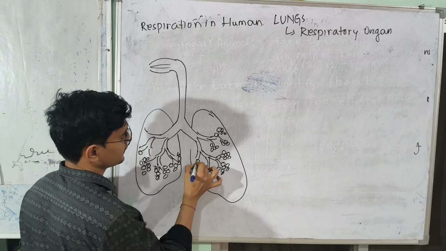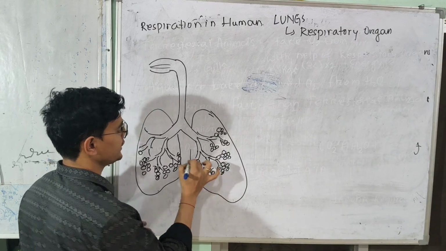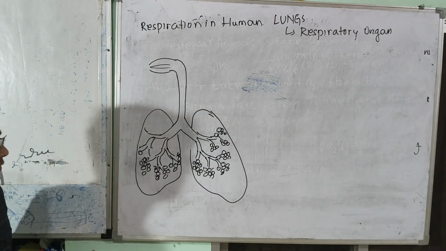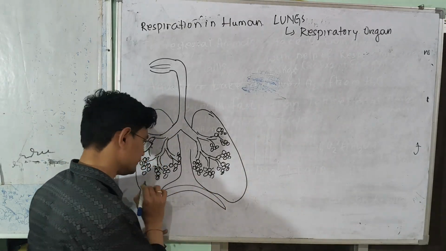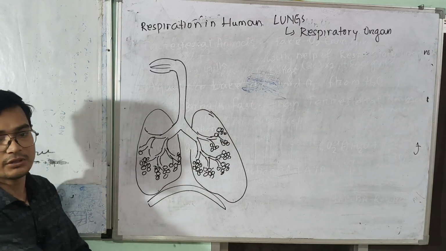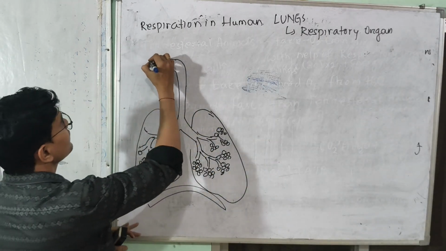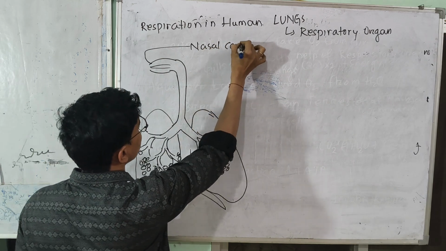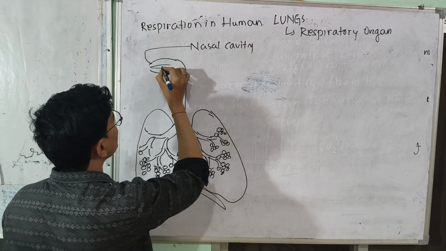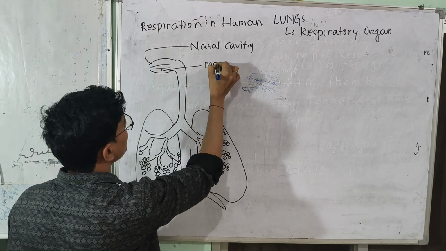The surface area is about 80 square meters. This is the lungs, and this is our diaphragm. Now this is the nasal cavity, and this is the mouth.